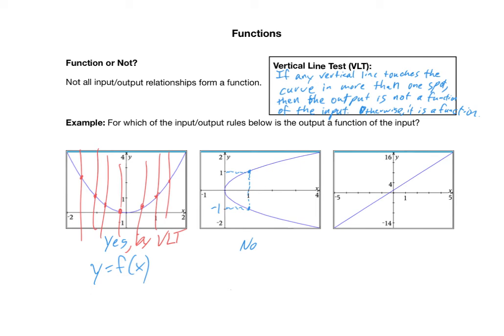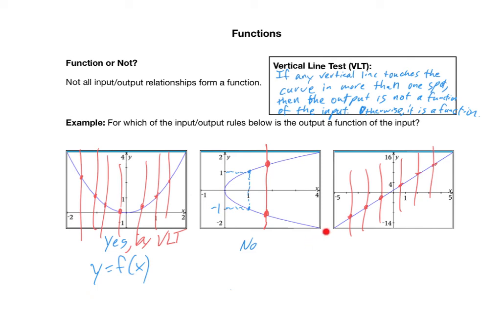Over here, if we draw a vertical line, this one right away hits in more than one spot. So that means by the vertical line test, y is not a function of x here. How about this one? If you draw a vertical line, are any of these vertical lines going to hit the curve in more than one spot? Well, this first one only hits here. The second one only hits here. Third one only hits here, here, here, here.